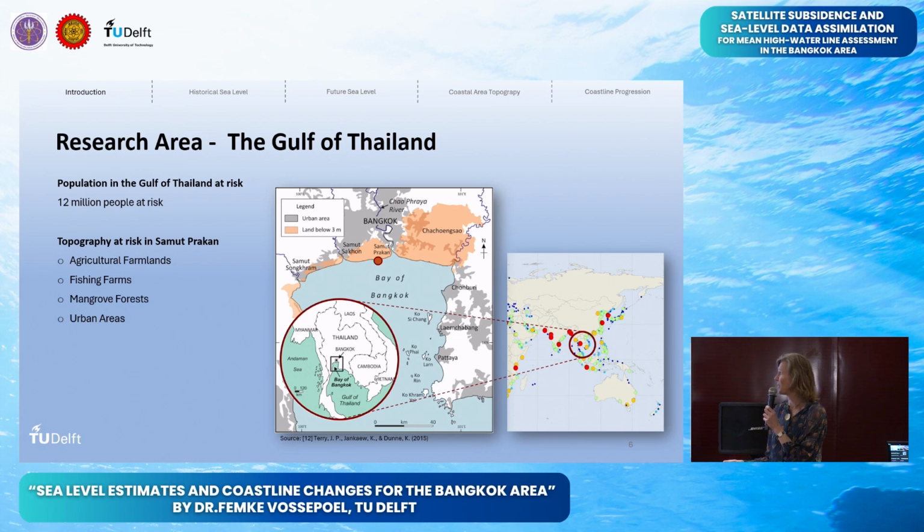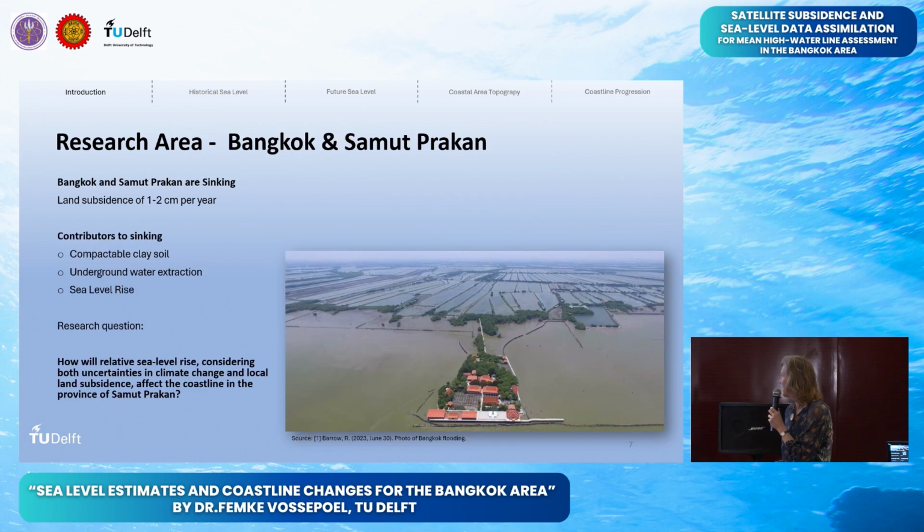There's a mangrove forest, but we are also close to urban areas. The temple has been shown before by Wim, and the currently estimated subsidence is around 1 or 2 centimeters per year, and the contributors to this sinking are the compaction of clay, as well as the groundwater extraction, but that comes together with sea level rise.